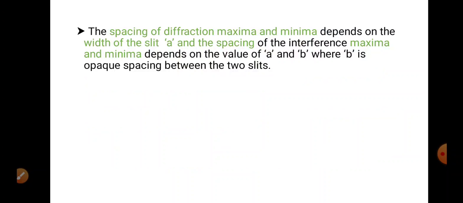So first, the spacing between diffraction maxima and minima depends only on a, and the spacing of the interference maxima and minima depends on the values of a and b.